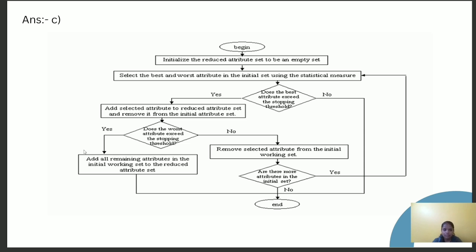If it is yes, then we add all the remaining attributes in the initial working set to the reduced attribute set. If it is no, then we remove the selected attribute from the initial working set. Then we see: are there more attributes in the initial set? If there are more attributes, then we again start from here, and if there are no attributes, then our program ends.